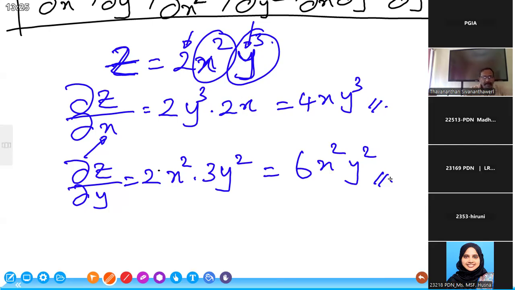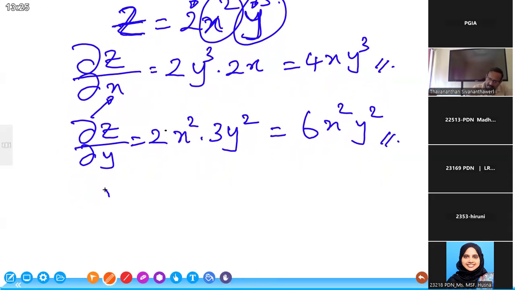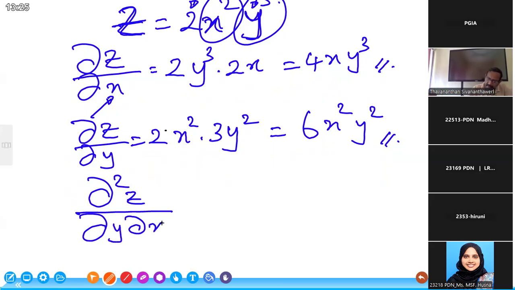Here we always differentiate with respect to one variable, so the other variable will be constant. Now what is this? ∂²z/∂y∂x.